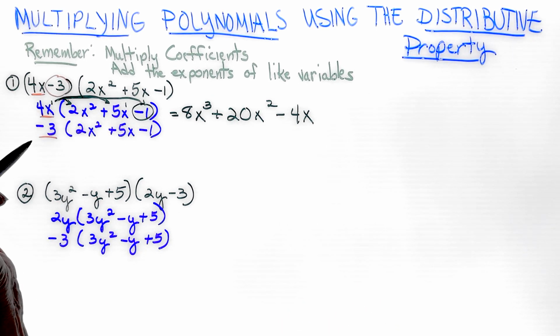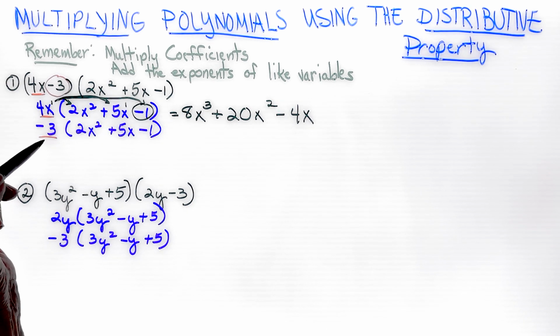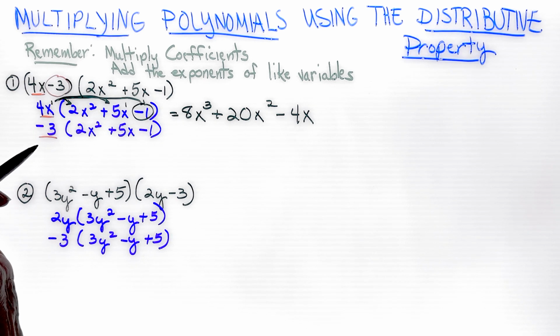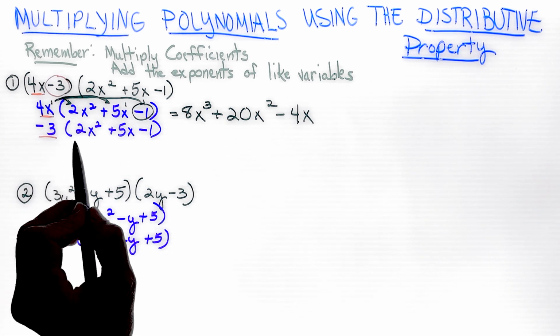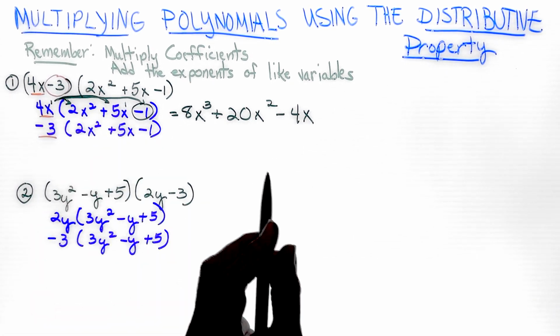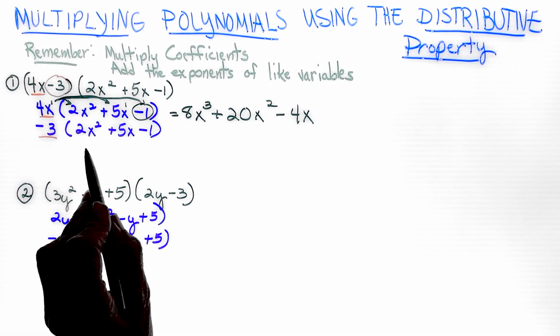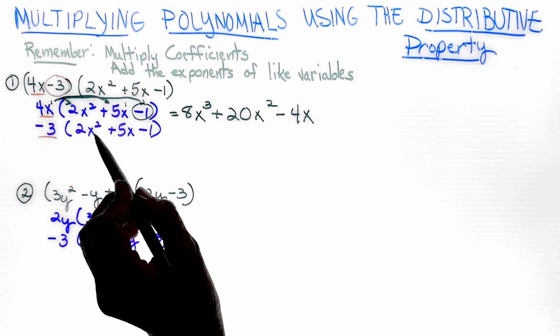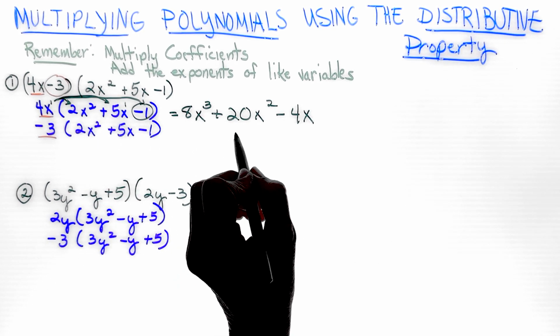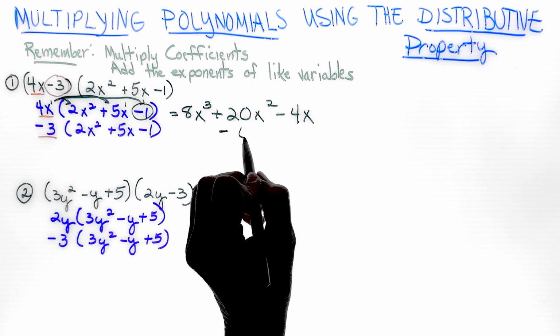Now for the second part, we're going to be multiplying by a negative 3. And when we do that, we're going to want to line up our like terms so we can add them easily. So negative 3 times 2x squared is negative 6x squared. Well, I heard myself say 6x squared, and it's a negative 6x squared.